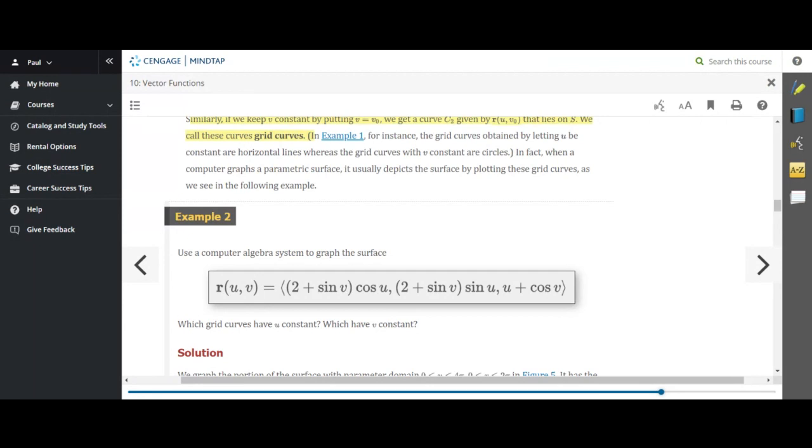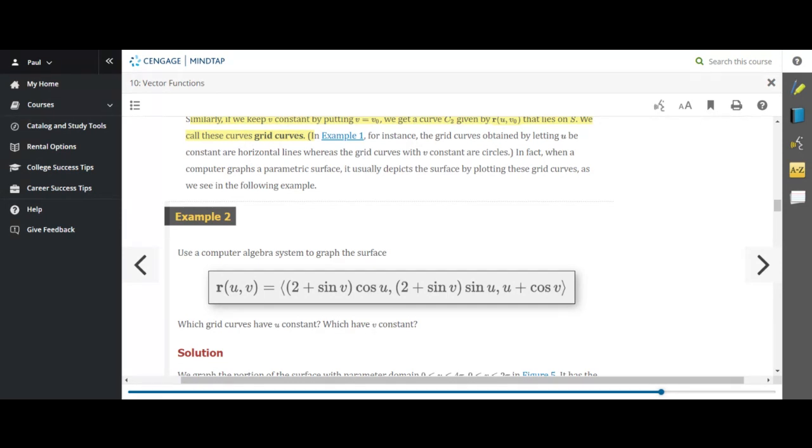So if we set the one parameter equal to different constants, it's going to generate similar space curves that, when we put them together, give us an idea of what the surface looks like.